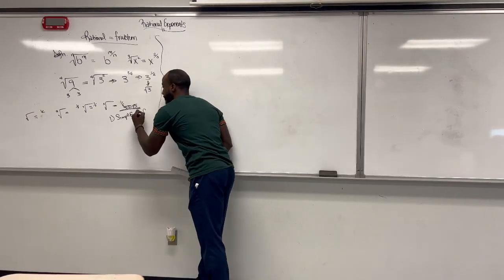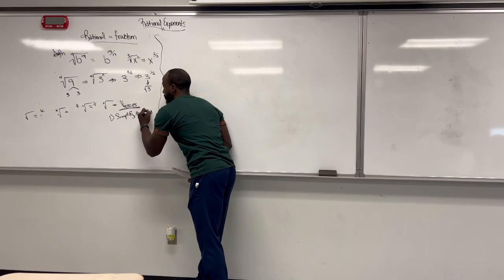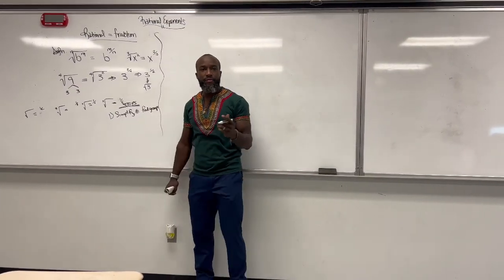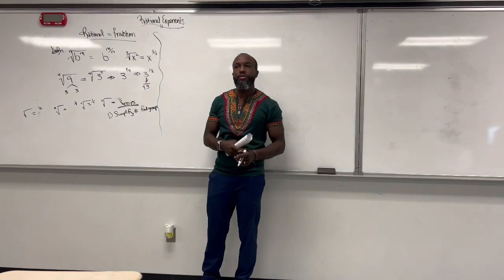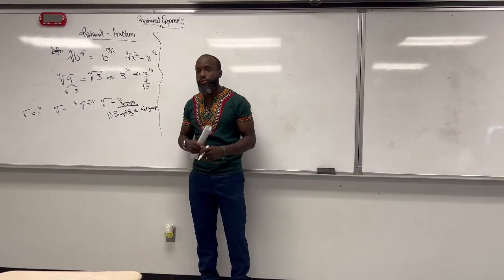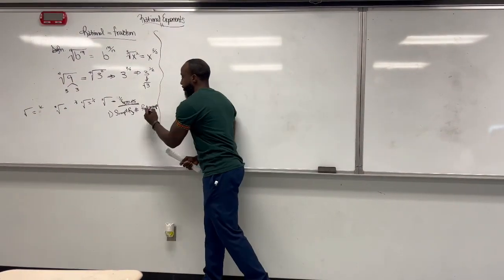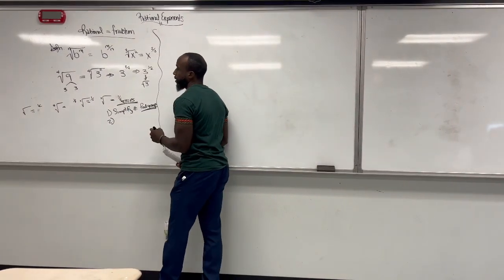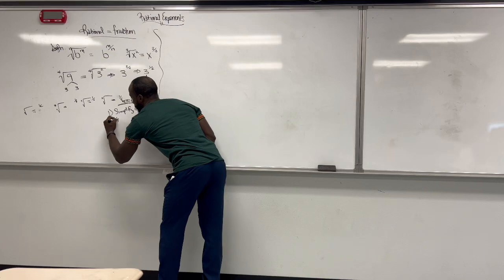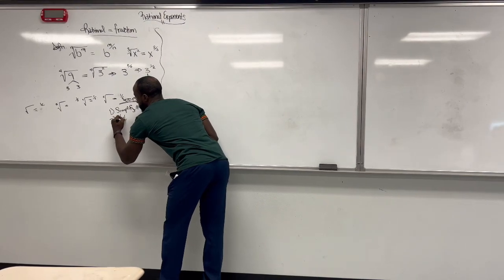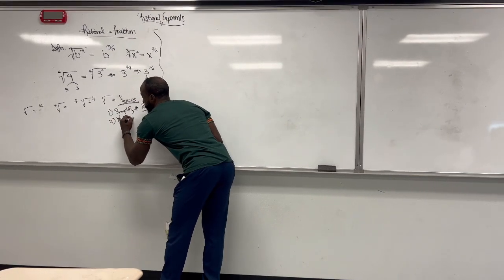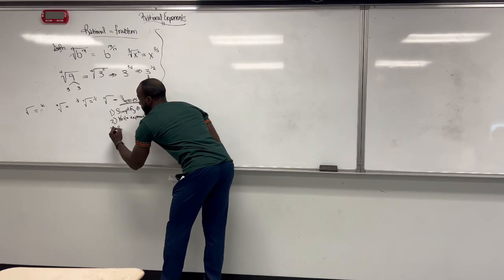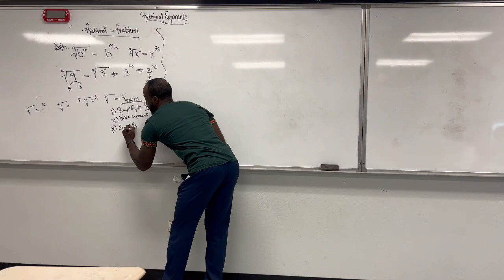Basically you want to find groups. I don't want to say pairs because pairs mean two. You want to find your pairs, your trios, your quads. You want to find your groups with the numbers. Then the second thing you want to do is write the new exponent. When you write the exponent, finally what you want to do is simplify the exponent.